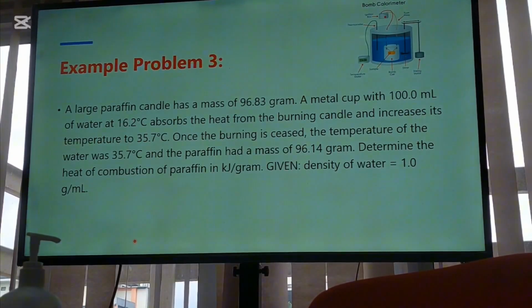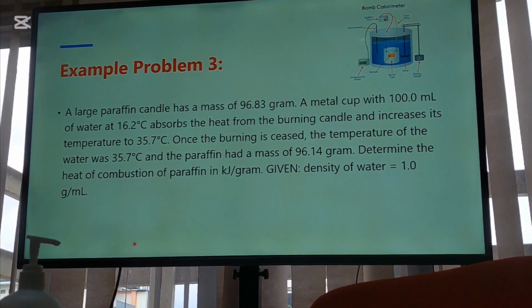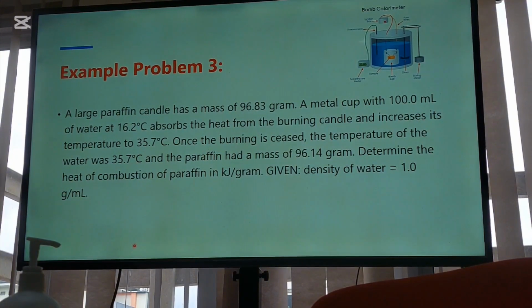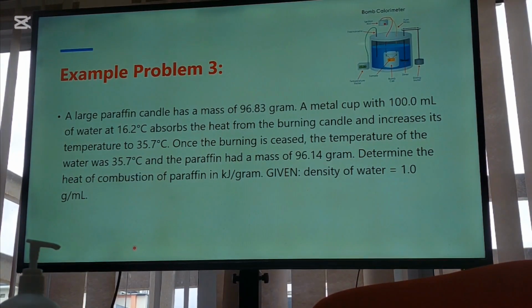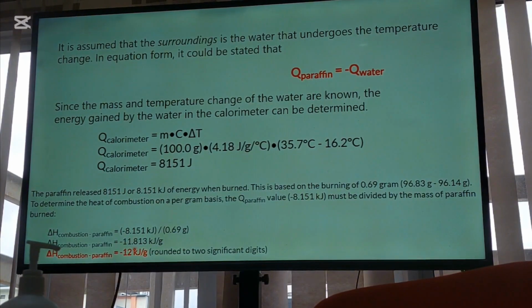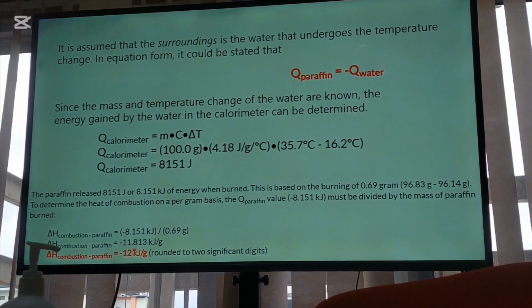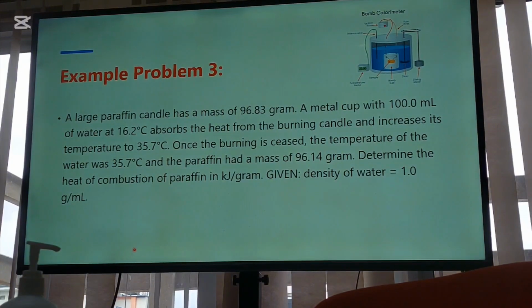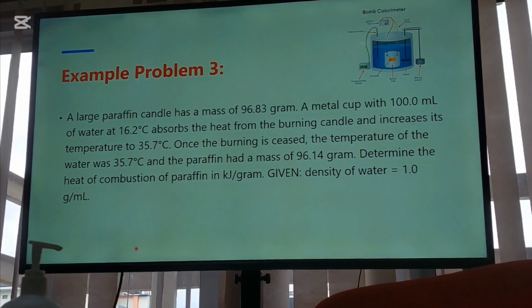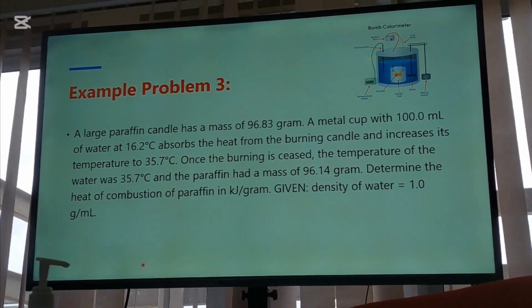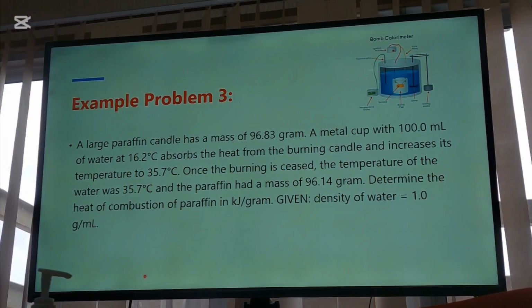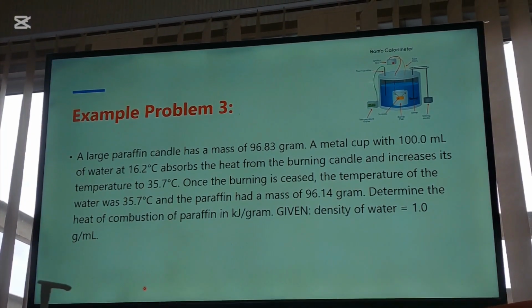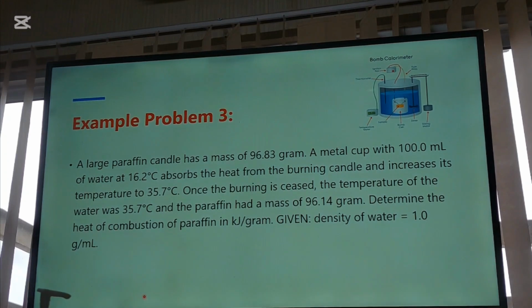So the next one is like this. A paraffin candle has a mass of 96 point something grams. A metal cup with 100 milliliters of water at 16.2 degrees Celsius absorbs the heat, so it will gain the energy from the burning candle and its temperature increases.